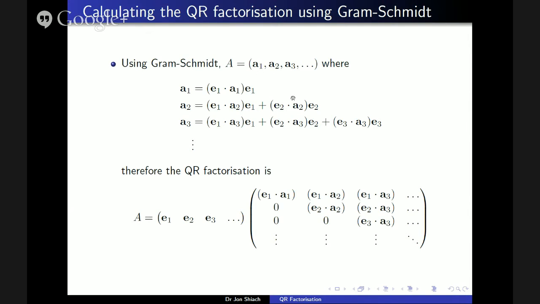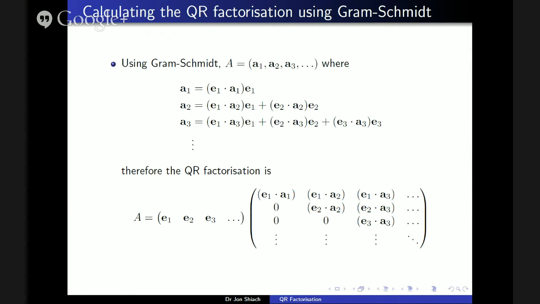Given A is a set of linearly independent column vectors, A1 must equal E1 dot A1 times E1. A2, so remember we have the summation: E1 dot A2 times E1 plus E2 dot A2 times E2, etc. If that's the case, I can write that as this matrix equation.